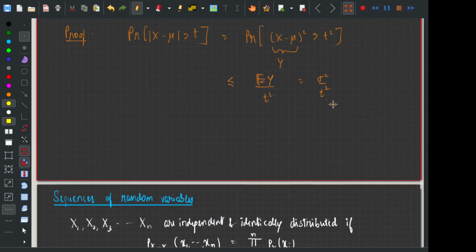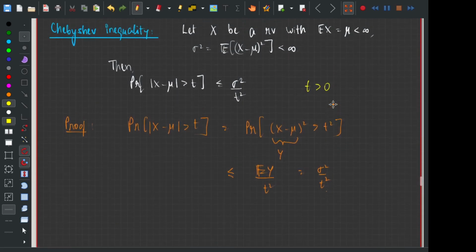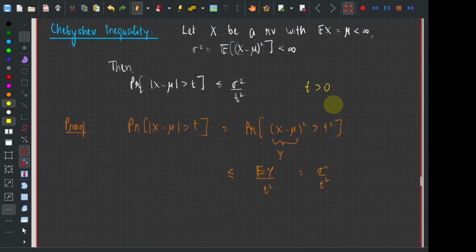Yes, question. In what situations is Markov's inequality used? In general, it is used when you know nothing about the random variable except the mean. Either it's very difficult to compute the variance, or at times you don't care what the mean is.